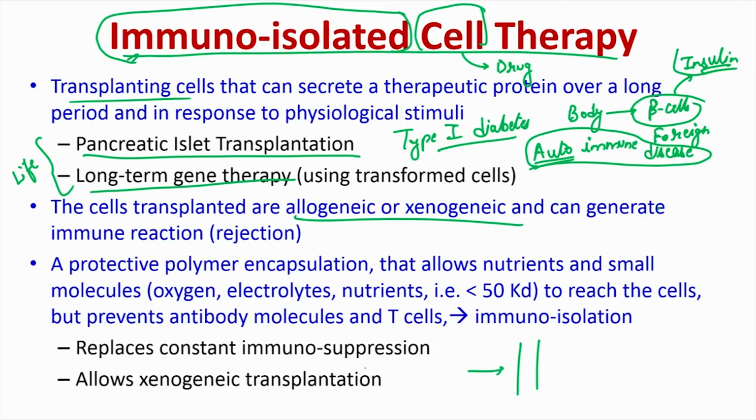You may still need it in the initial phases, but eventually the idea is to not have immunosuppression anymore, and because of that the patient's life will be slightly better than being constantly under immunosuppression and then suffering from several diseases. And this can even allow xenogenic transplantation to happen.